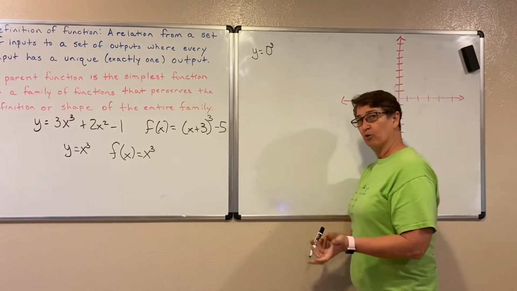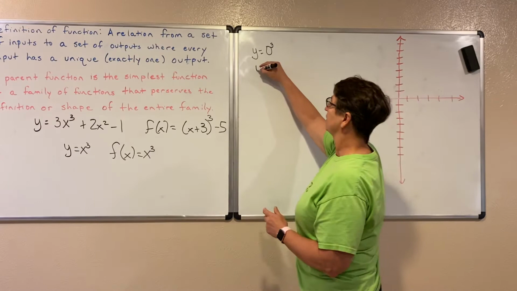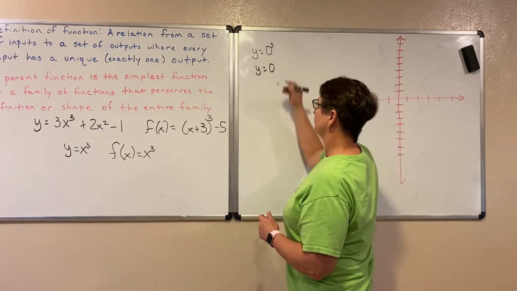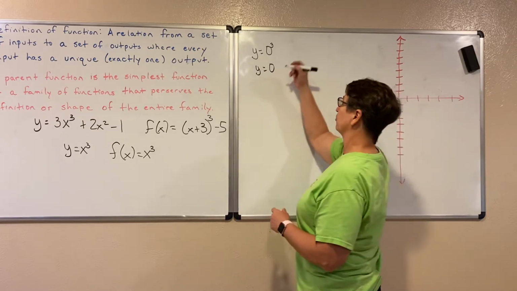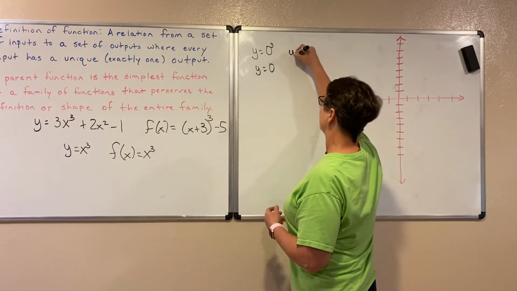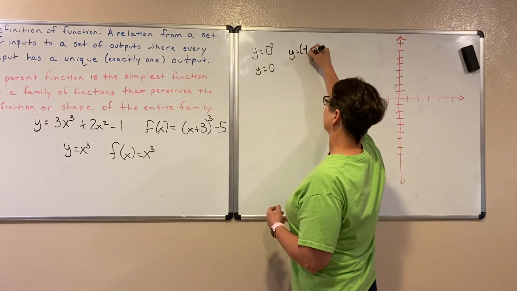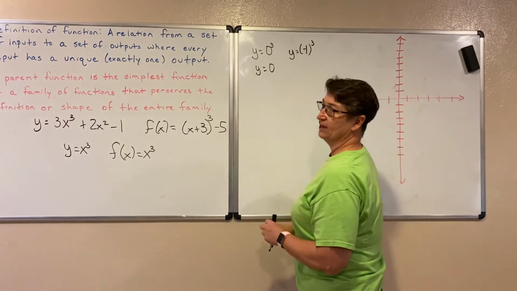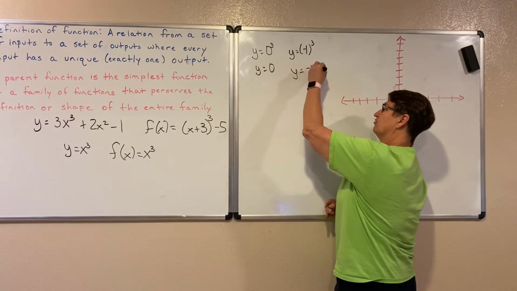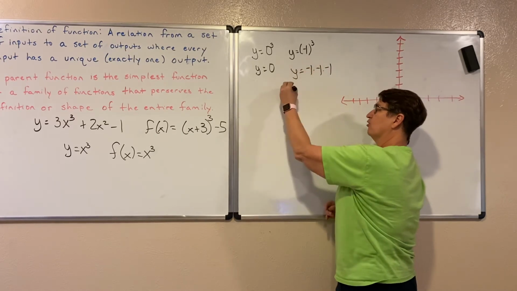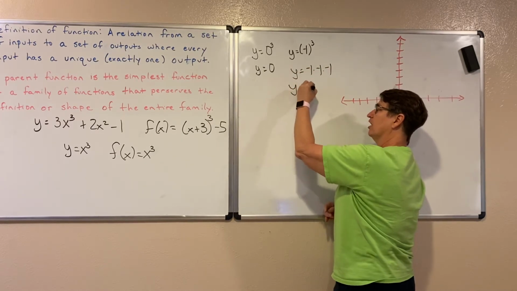Do I get out a real number for y? 0 times 0 times 0 is 0. So if I put in 0 for x, I get out 0 for y. That's a real value. What about a negative number? If I put in negative 1 for x, negative 1 times negative 1 times negative 1 is negative 1. Good, so I get out a real value there for y.